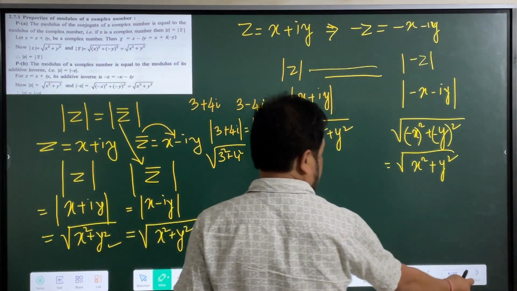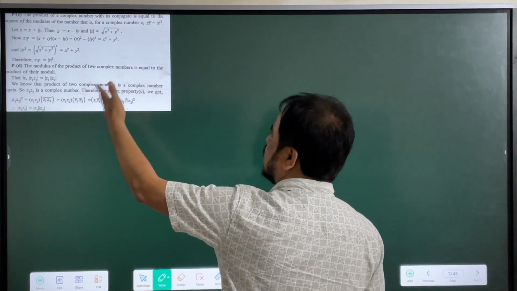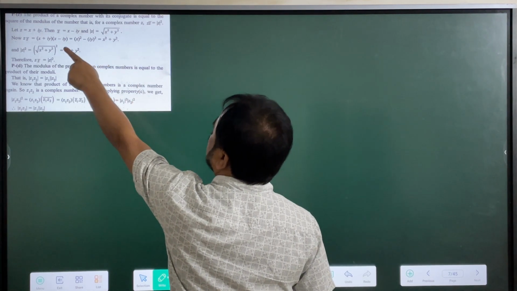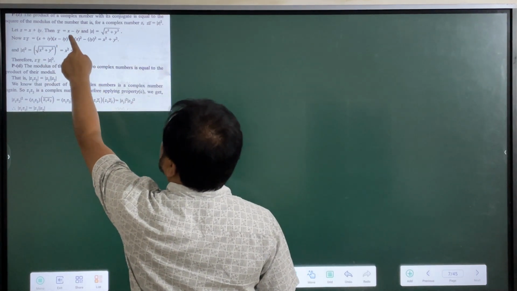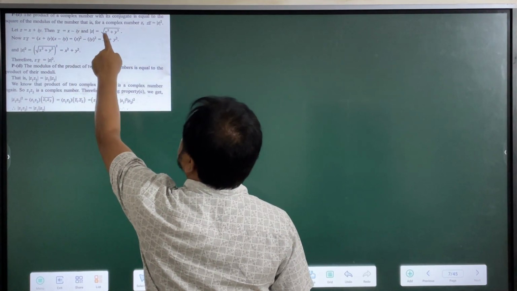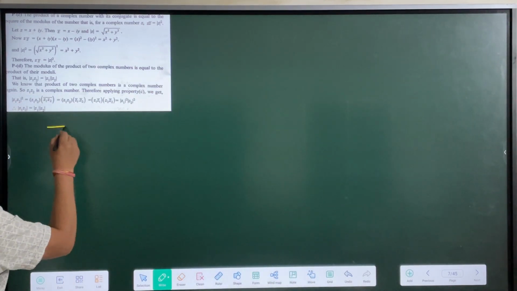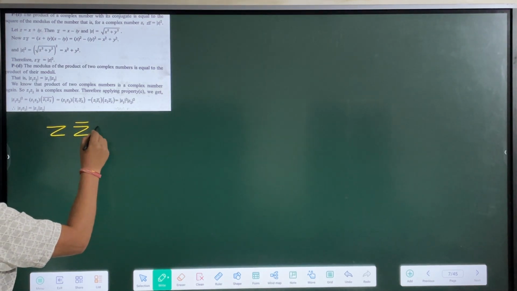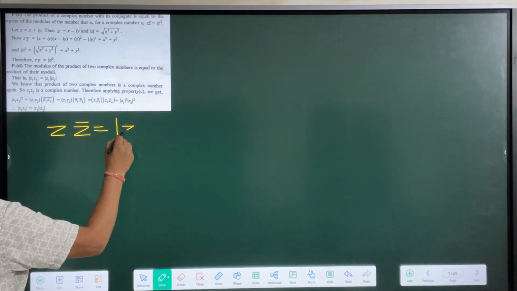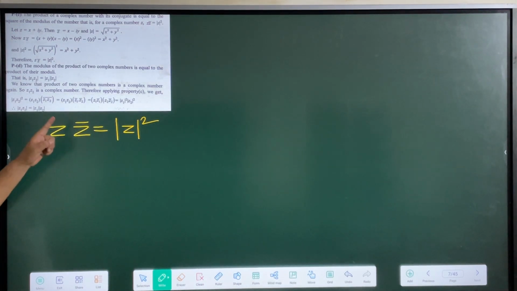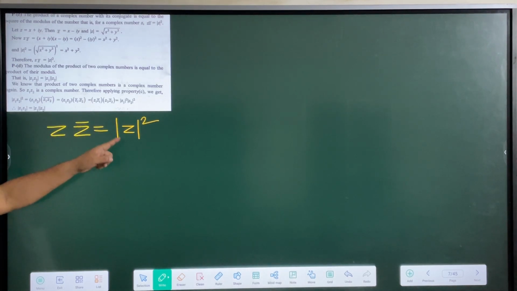This is a property. You can do it yourself also, I am just explaining. The product of a complex number and its conjugate is equal to the square of the modulus of the number. So you don't have to read so many things. Look, Z into Z bar equals mod of Z square.